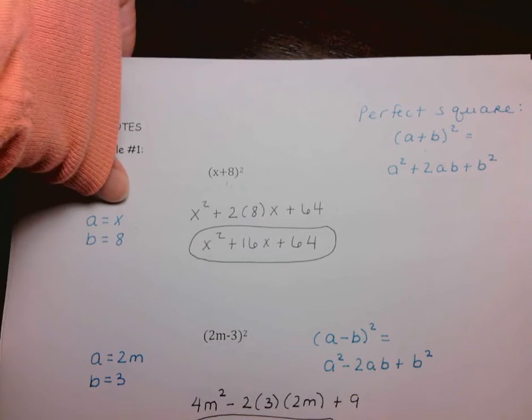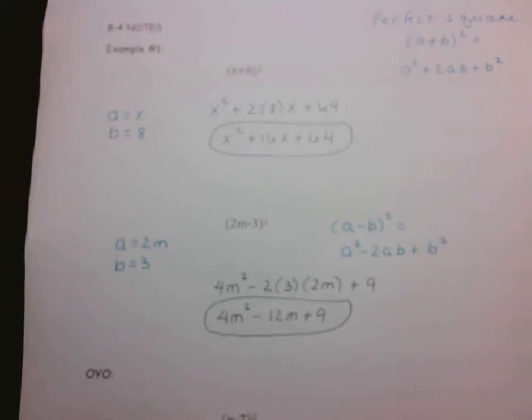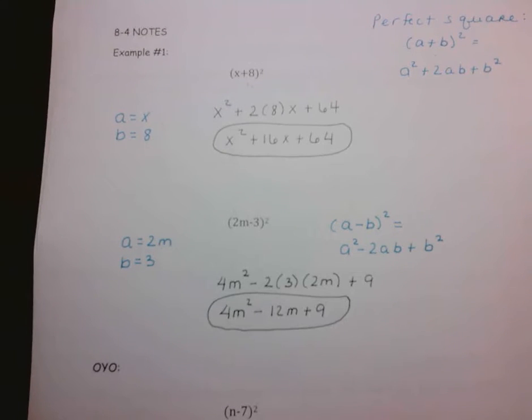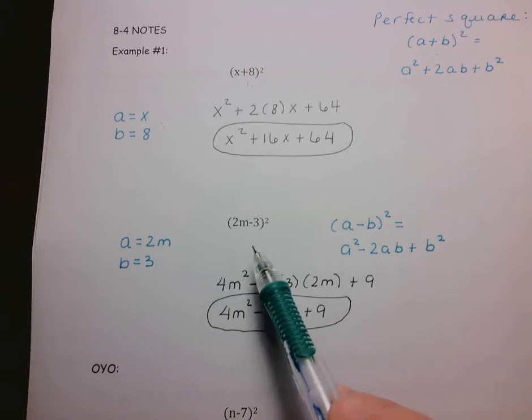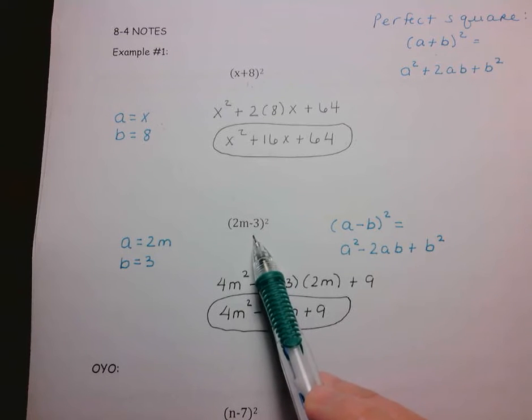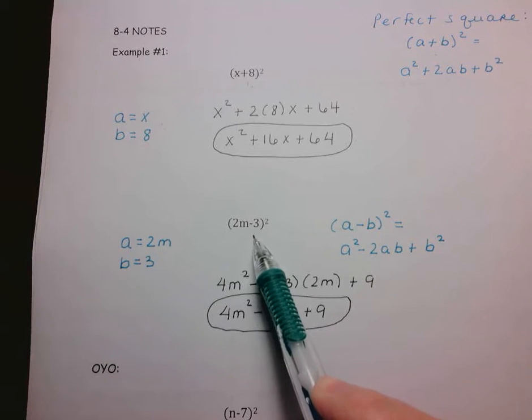Okay, now let's go to the next example. Again, we have a perfect square. We have 2m minus 3 squared. And you can sit there and you can FOIL this out and you can go 2m minus 3 times 2m minus 3. And then you can multiply the first terms, then the outer terms, then the inner terms, and then finally the last terms, you can combine like terms, and you will get the answer.